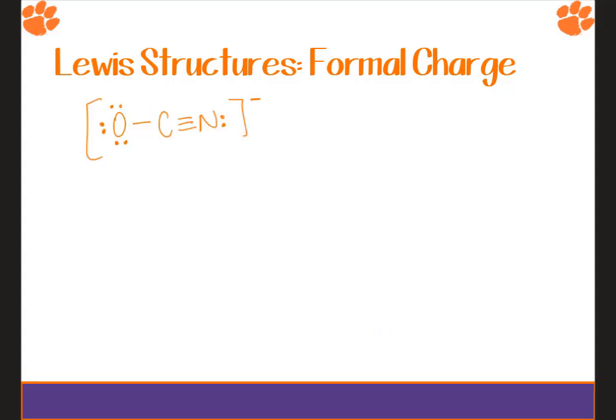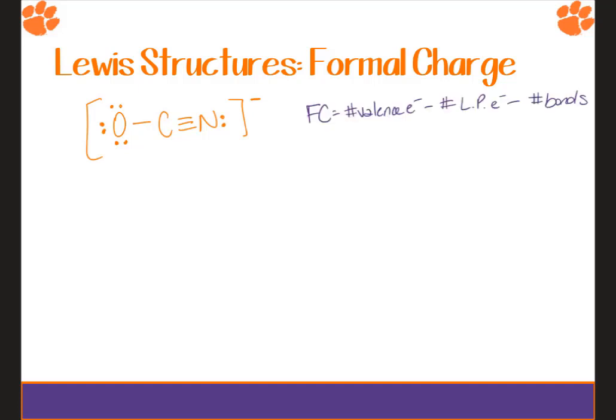So here we're looking at the cyanate anion. You've already got a structure drawn and you're trying to justify it in terms of formal charge. So again, you're going to take the number of valence electrons minus the number of lone pair electrons minus the number of bonds, or half the number of the bonding electrons.